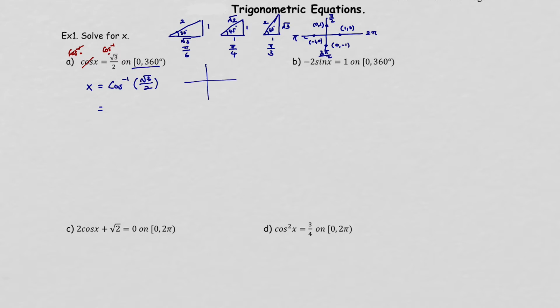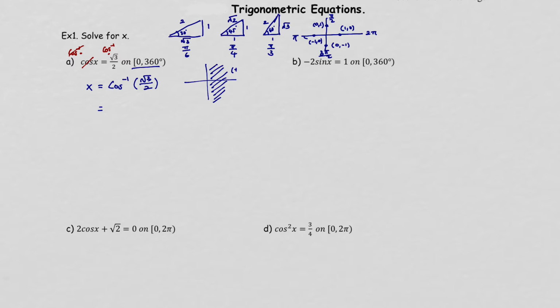So from the whole one circle, right? So from having 4 quadrants, which quadrant will give you positive cosine value? That's going to be first and fourth quadrants.